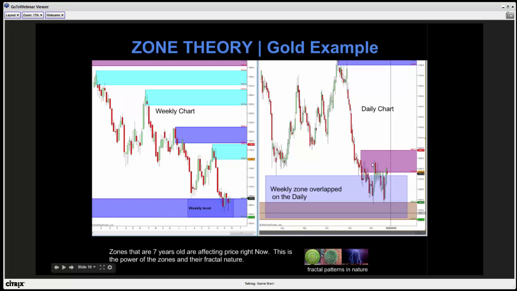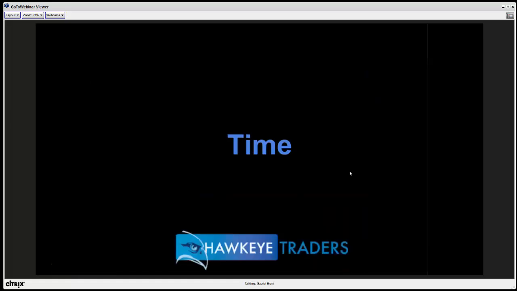It is truly mind-boggling why this stuff is working the way that it does and how it works so well. So instead of support and resistance or supply and demand just being a line on your chart, we give you the area, and it automatically plots out for you. It is truly very, very interesting, okay?